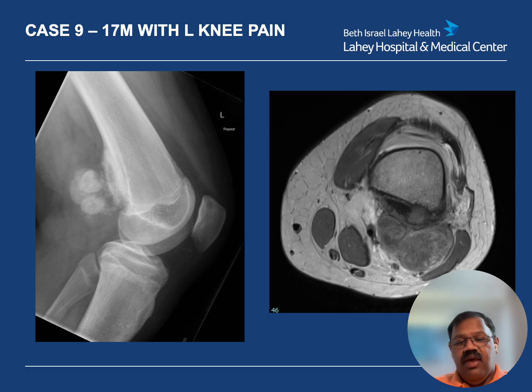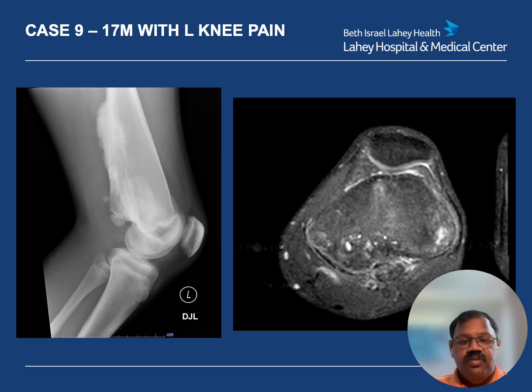If you look at the axial cut of the T1 weighted MRI scan, you can see that there is a focal area of cortical loss in the posterior femur with a soft tissue component that seems to be extending out from there. So even though this looks like a possible osteochondroma, it really is not.